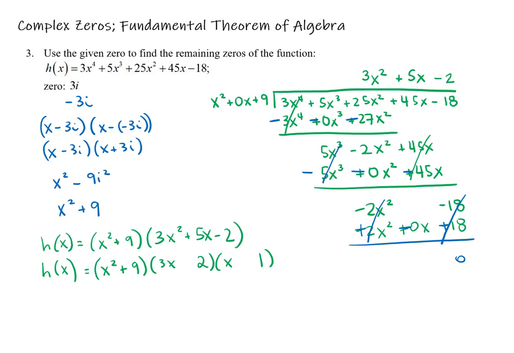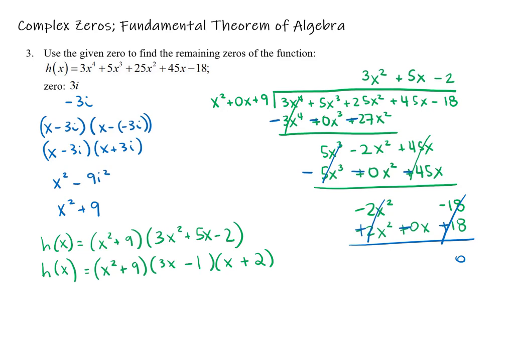No, that's not right. 2 and 1, and I have this one. Now that means that they multiply out to make negative 2, but then this would make positive 6, and negative 5 would make my middle term 5x. So there we go. Alright, what are the remaining zeros of the function?